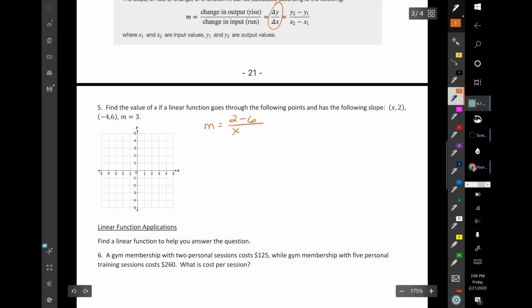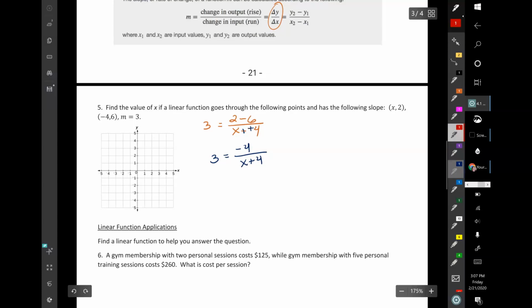So I would have x minus 4. And I'm given that my m is 3, so I'm just going to go ahead and replace that there. Then I just have to do some quick solving. So this becomes a plus. So in my numerator, I will have -4. In my denominator, I have x plus 4.